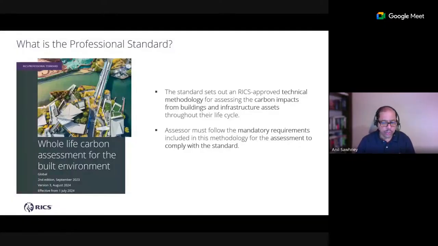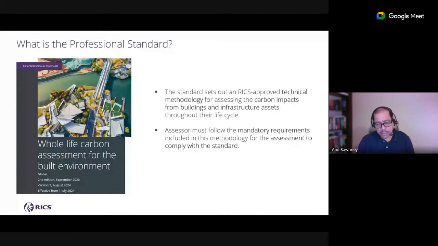So what does it really do? It is a standard that sets out an RICS approved technical calculation methodology for measuring carbon impacts from buildings and infrastructure throughout their life cycle. And that's where the whole life piece comes in.